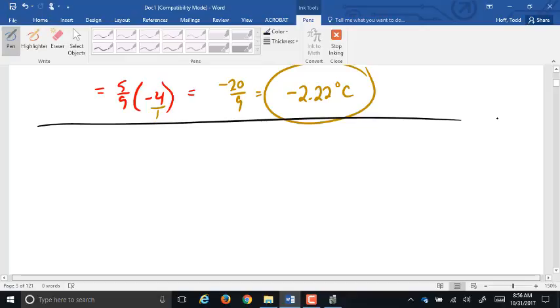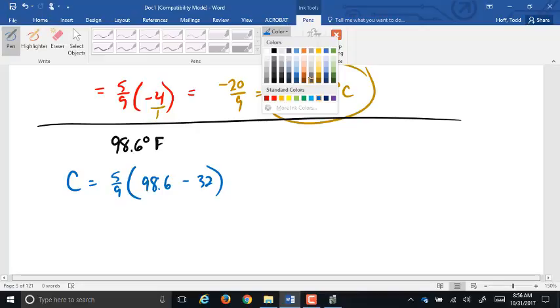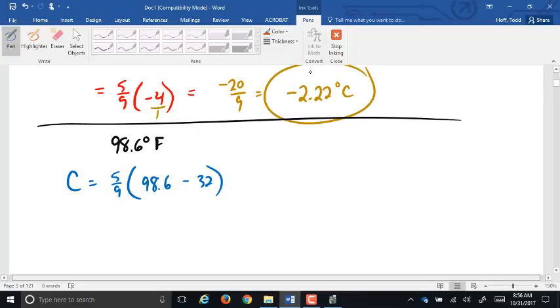The other one I like to do is human body temperature, 98.6 degrees Fahrenheit. So we have to convert that into Celsius. Take the 98.6 minus 32 and then times the 5/9. What is 98.6 minus 32?